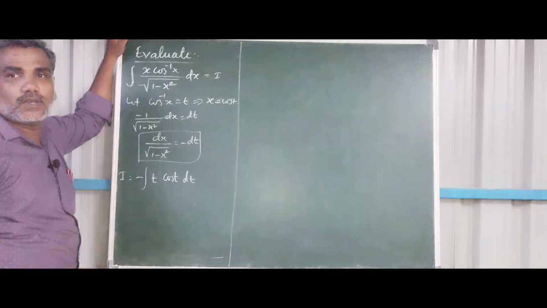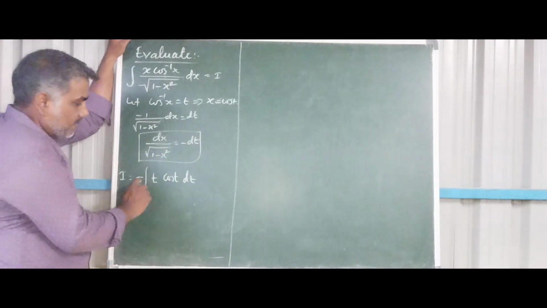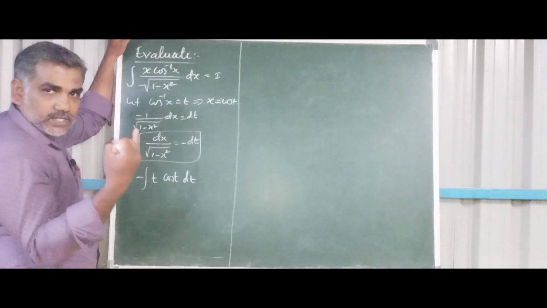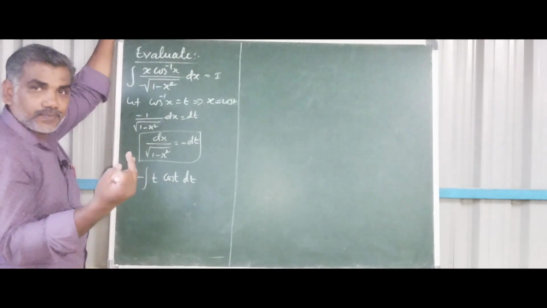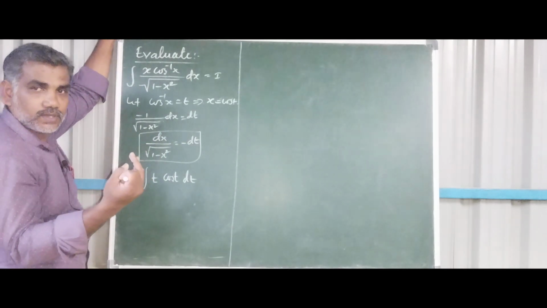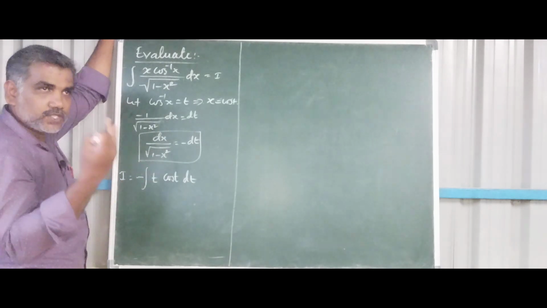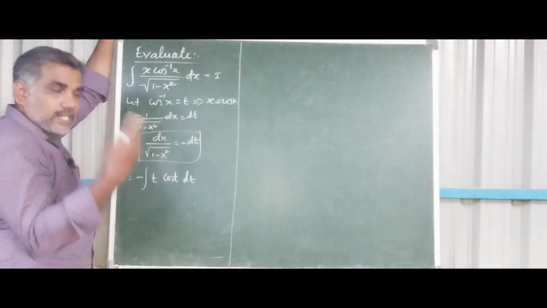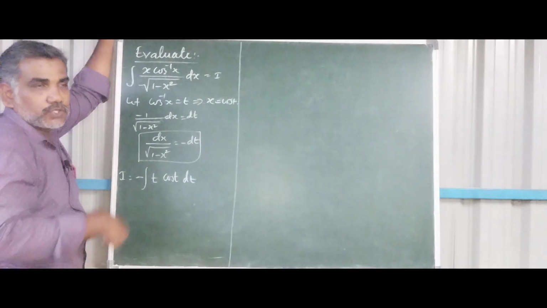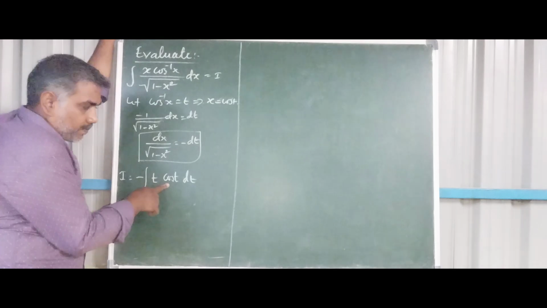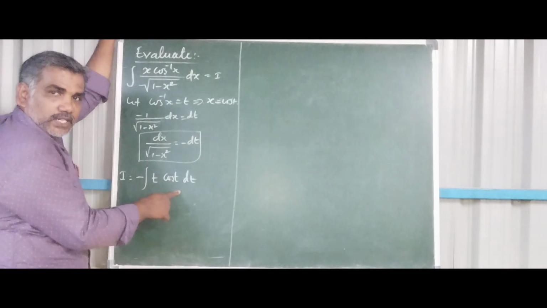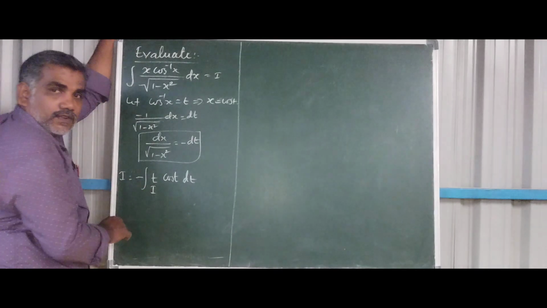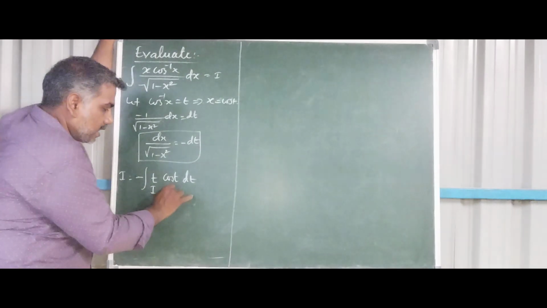First inverse, then log, third algebra, fourth trigonometric, fifth exponential. So this is the order we have to take. Here we have t and cos t. t is algebra and cos t is trigonometry. So we have to take t as the first function and cos t as the second function.